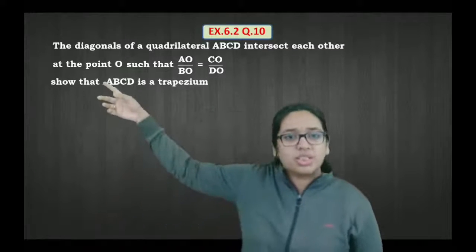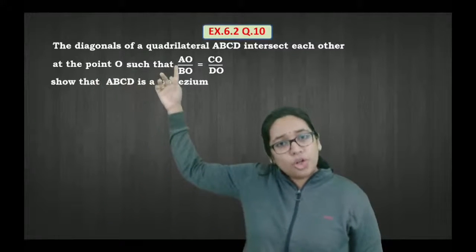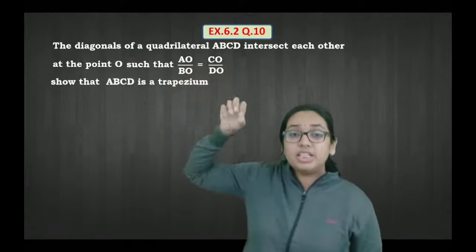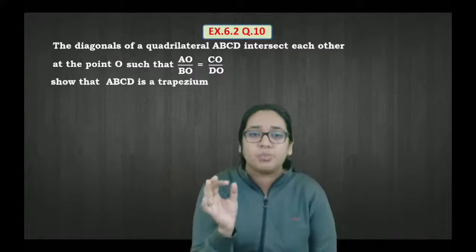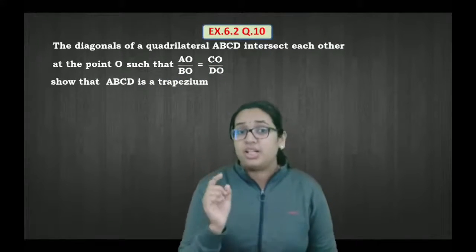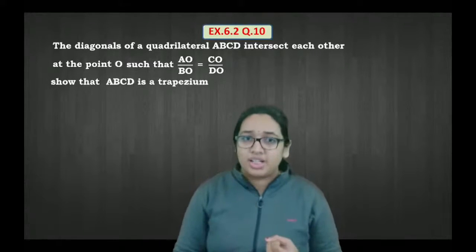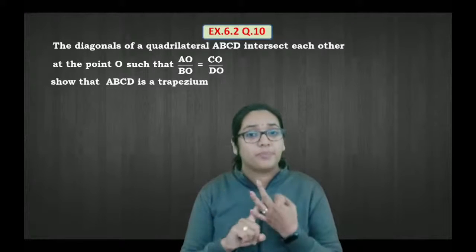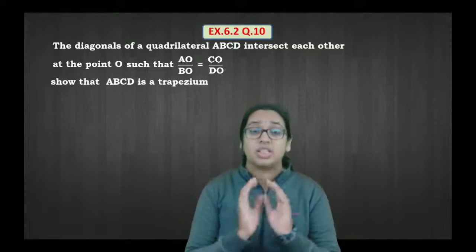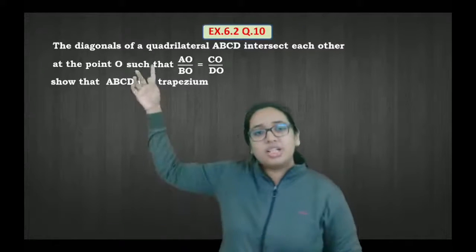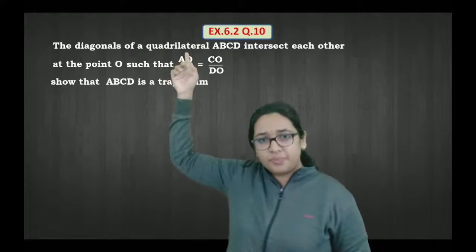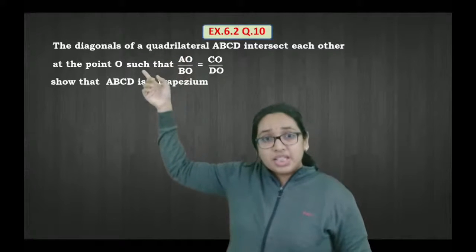What is our question? The diagonals of quadrilateral ABCD intersect each other at point O. Remember that they are not talking about square, they are not talking about rectangle, they are not talking about parallelogram or any other things. We just have to consider a general quadrilateral. Okay?